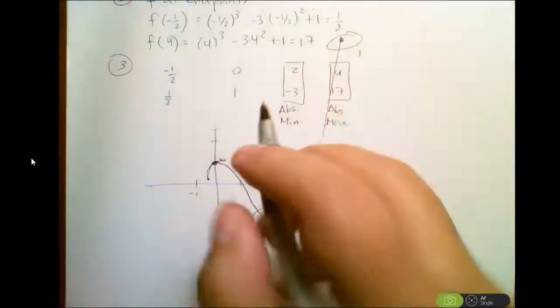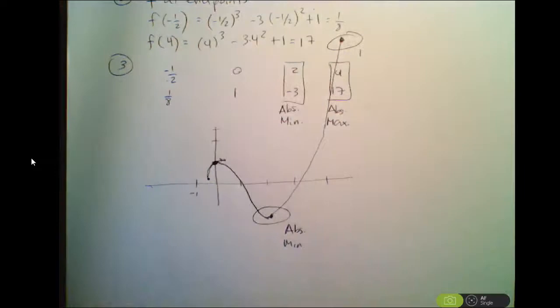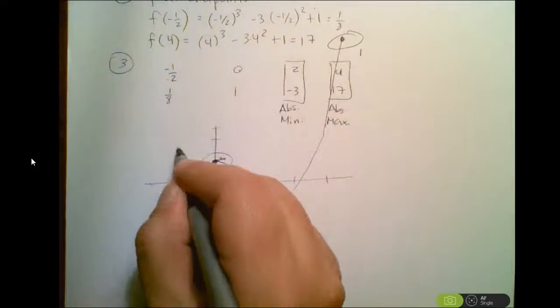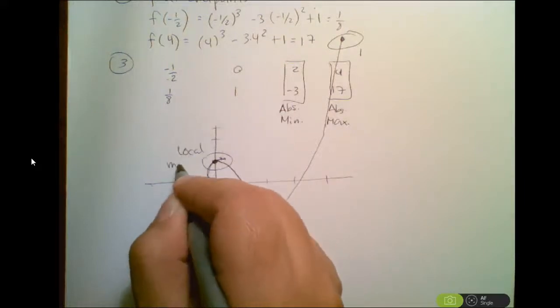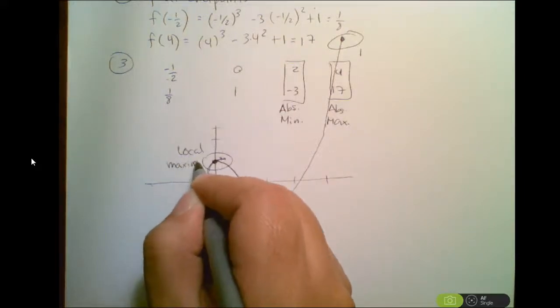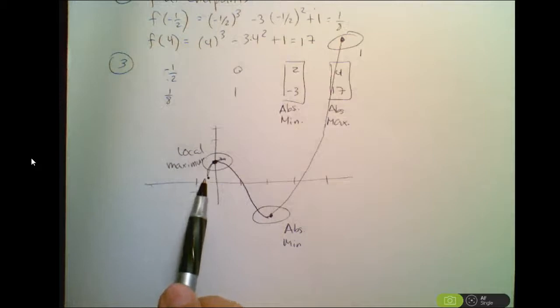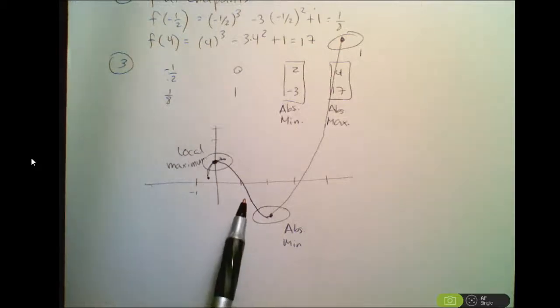And one thing that I want you to observe is that although this is not an absolute anything, it happens to be a local maximum. Okay, and this endpoint, for example, happens to be nothing. I mean, this is not the highest of them all or the lowest of them all.